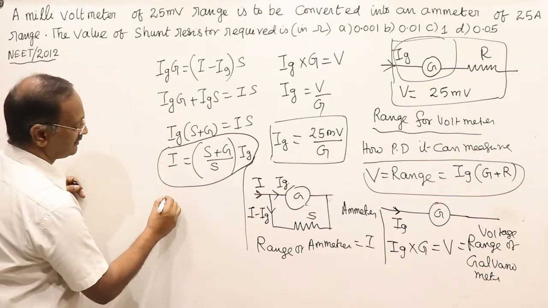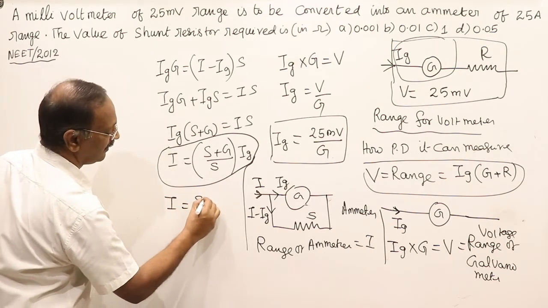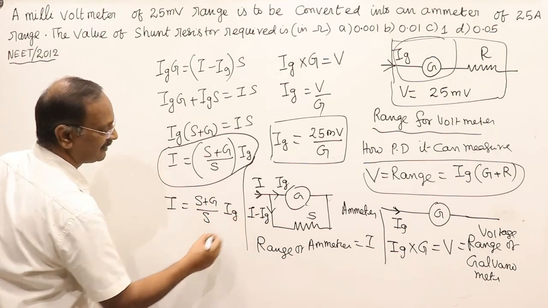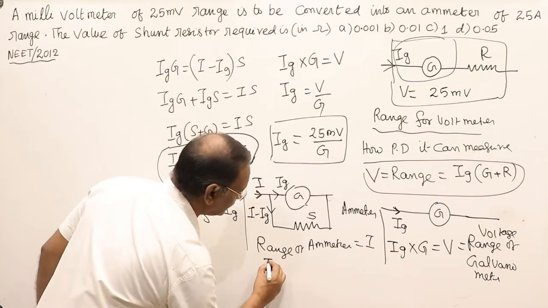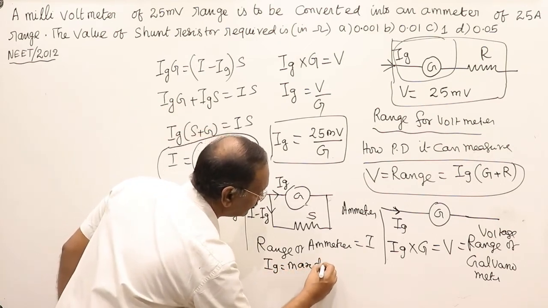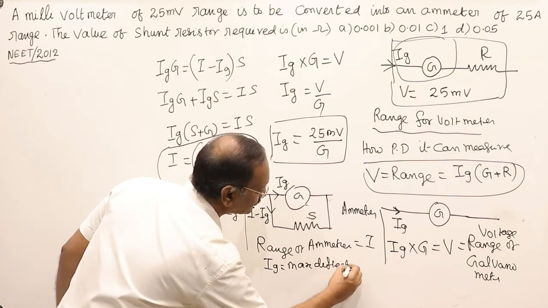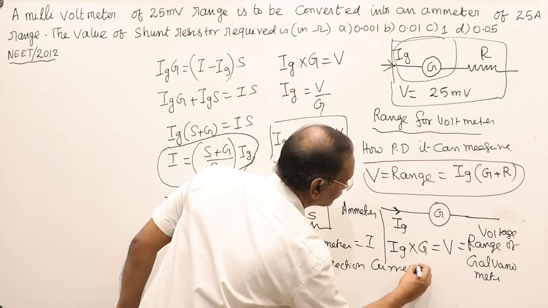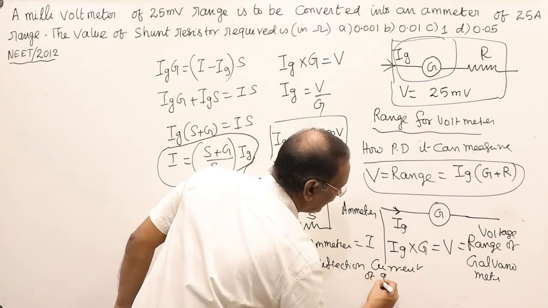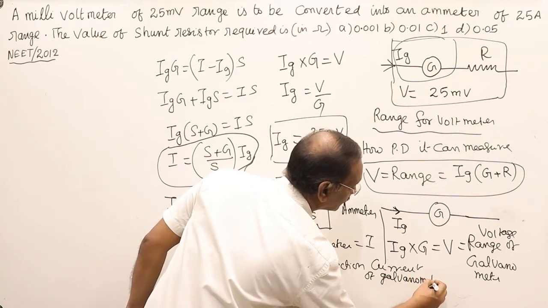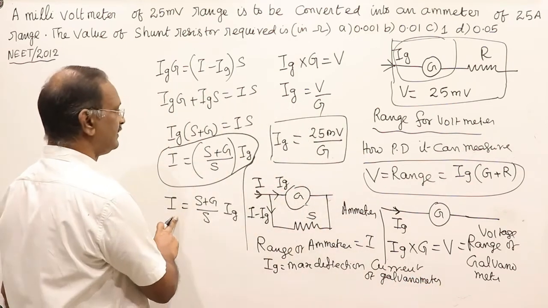Since I is equal to S plus G by S into Ig, what is Ig? Ig is the maximum deflection current of the galvanometer. Three things are there. What is I?